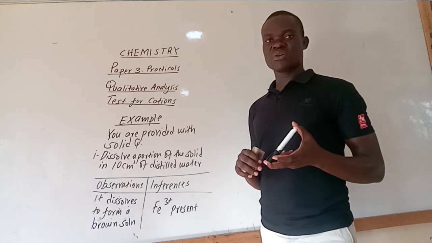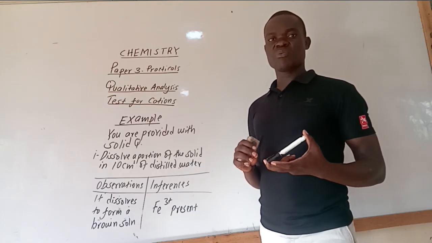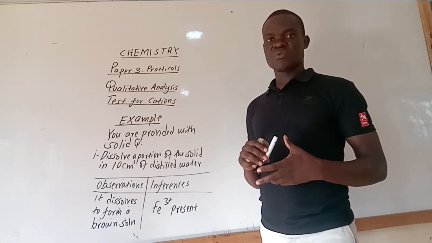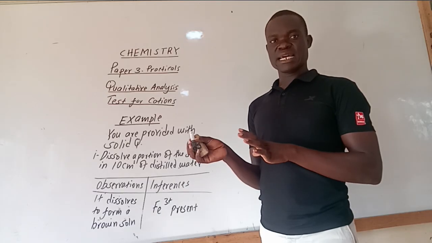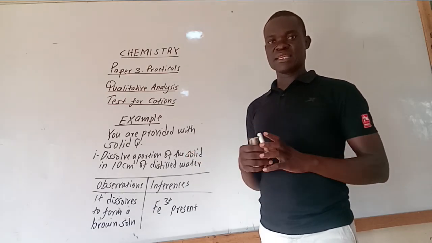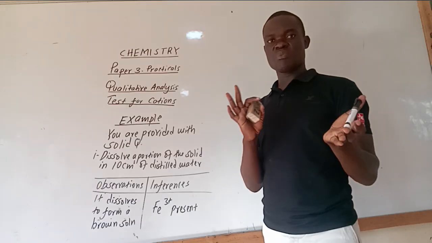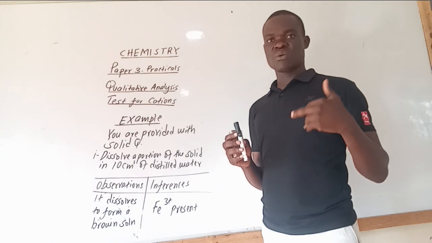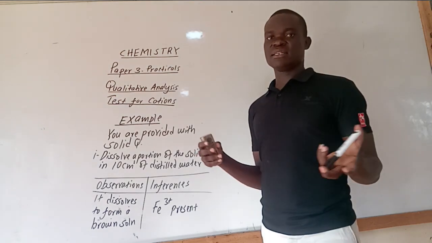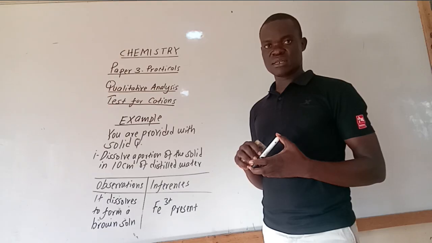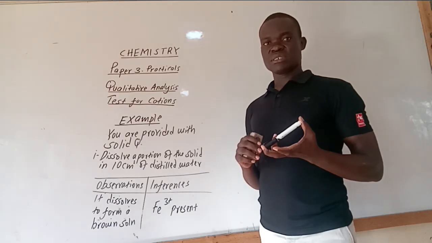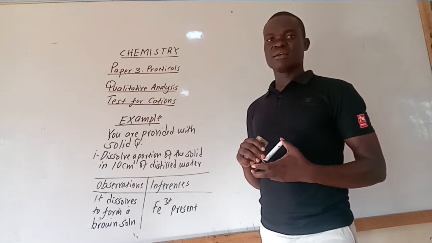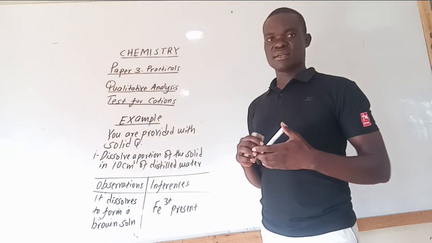A polar compound has both a partially positively charged pole and a partially negatively charged pole, and these opposite charges are attracted to polar water molecules, so it dissolves. Most ionic compounds are soluble in water because they are polar, while compounds that are not ionic are non-polar.